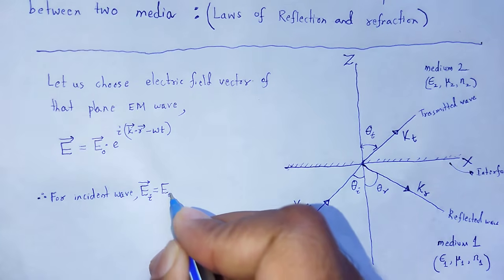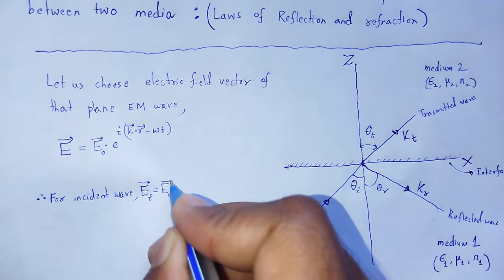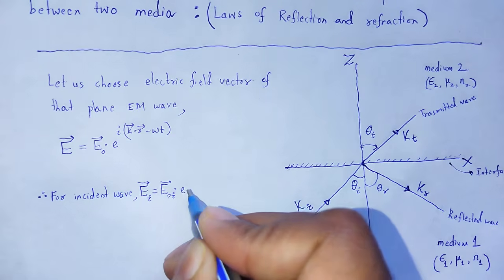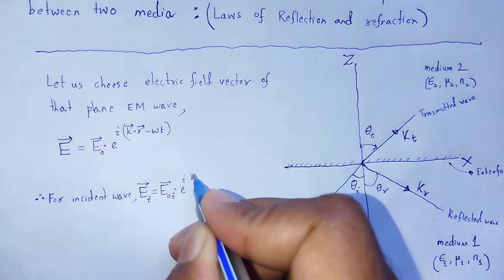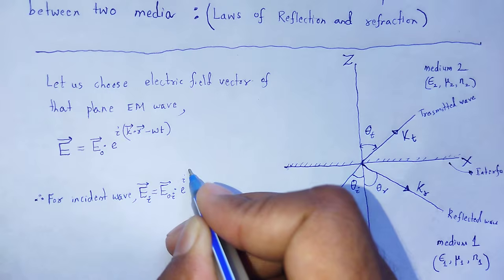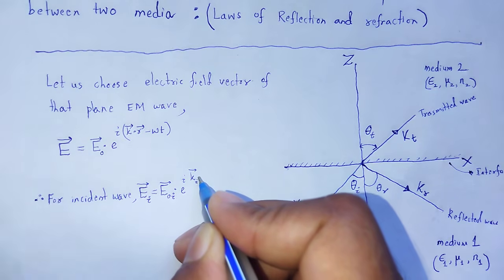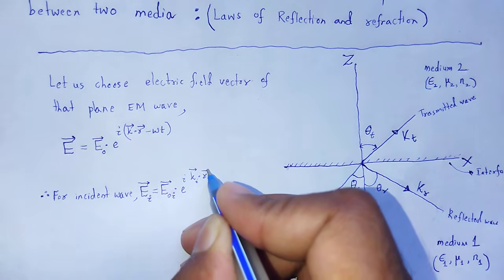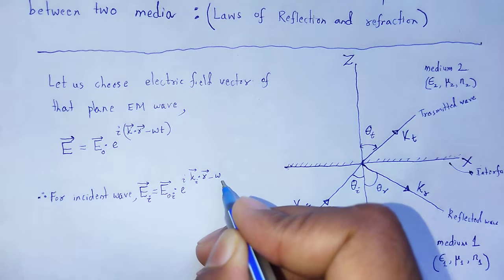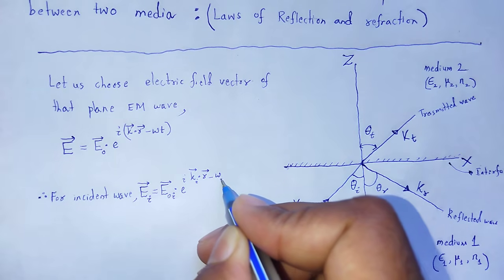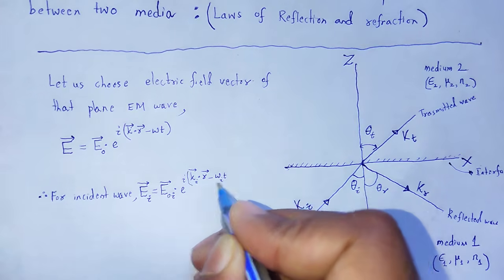So E0i e to the power i (k i dot r minus omega i t).